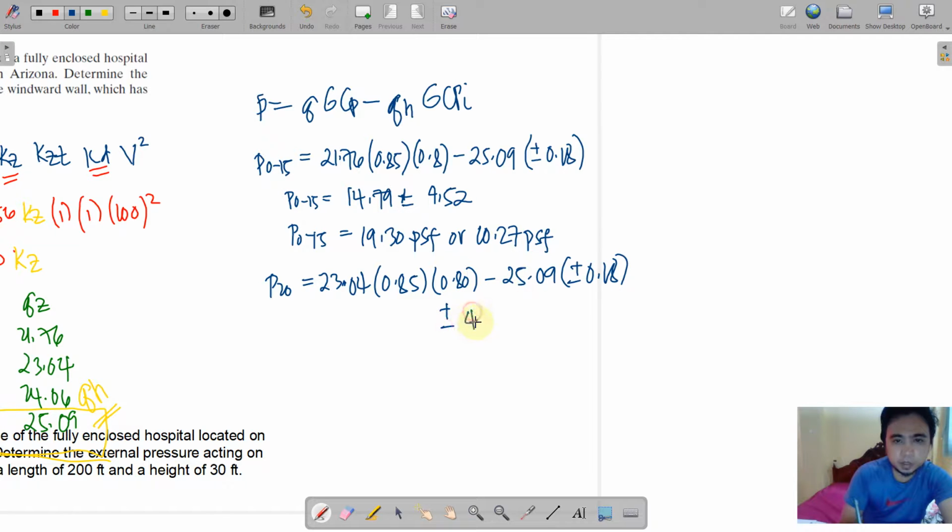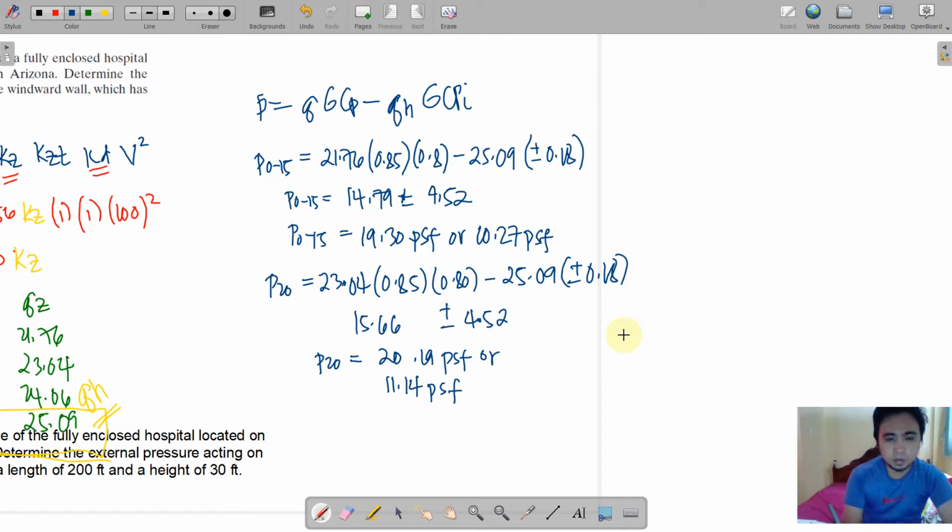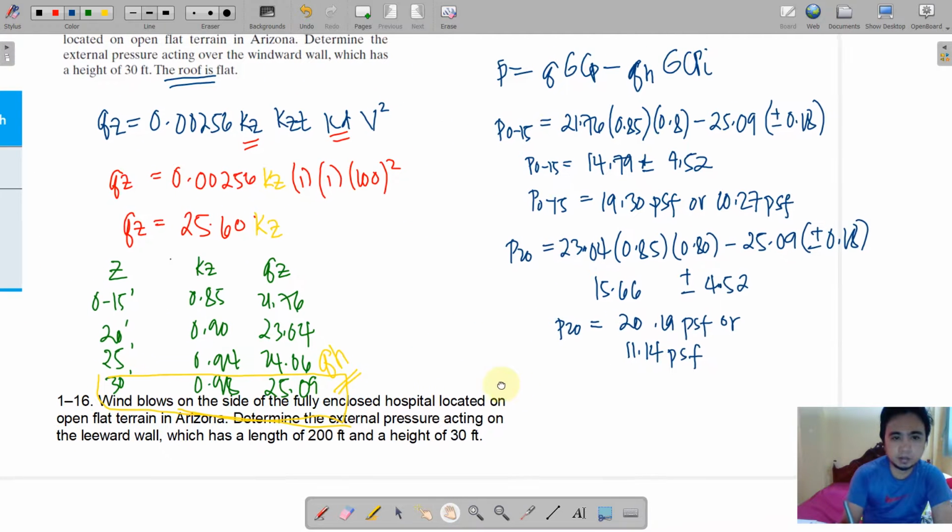So we have here the same 4.52 at this side, and then we compute for that one. So we have here 20.19 PSF or 11.14 PSF for pressure at height 20 feet.